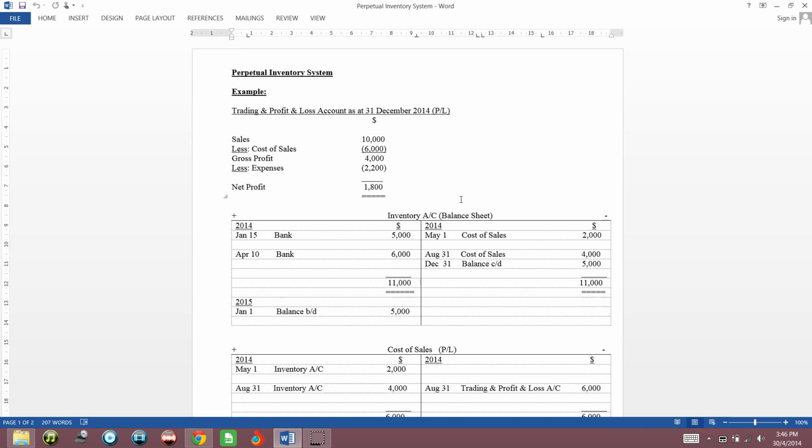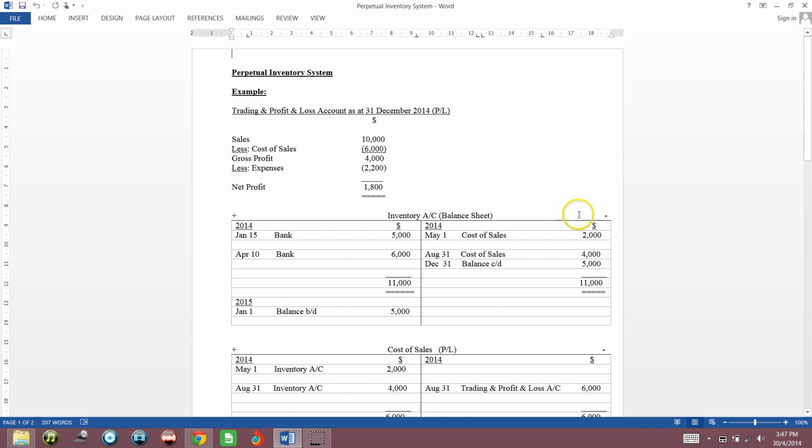You would need to know your actual stock value at any point of time, the detailed actual stock value according to items. And when you know your actual stock value at any time, you would also know your actual profit at any time. So in other words, your stock needs to be real time. Therefore, you will do the perpetual inventory system.